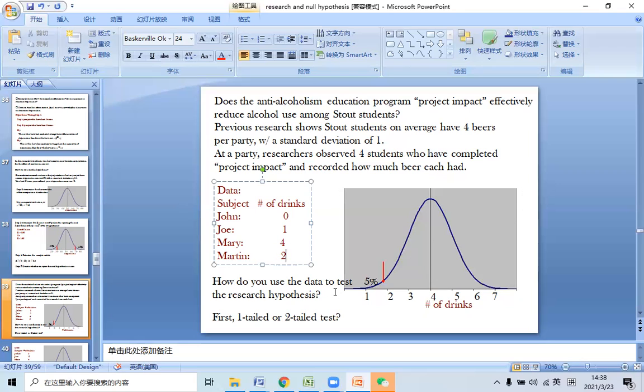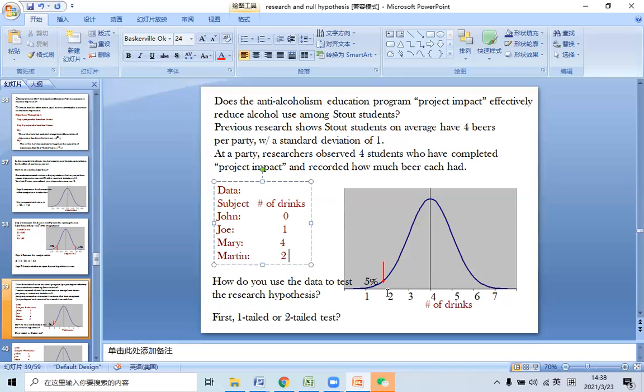How do you use this data to test the research hypothesis? Is it good evidence that the program really reduced drinking? You need a statistic. And you look at the curve. What you know from previous research is, on average, people drink 4 beers. Standard deviation is 1. You could compare each person.